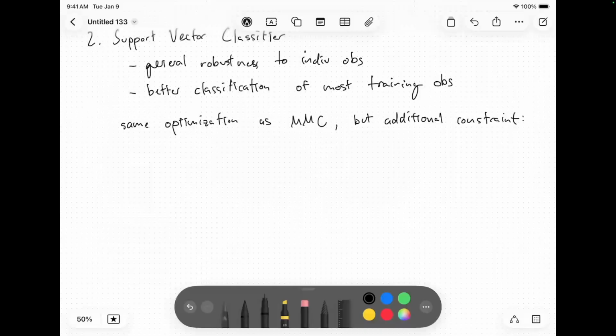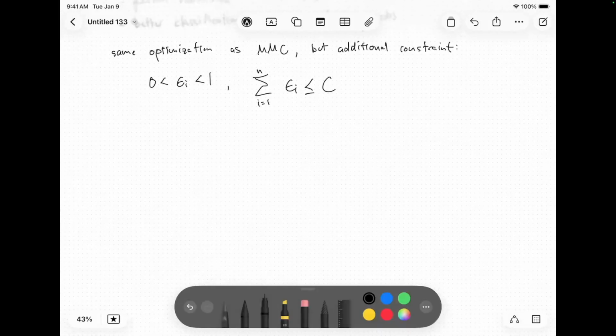So this will be 0 is less than epsilon I is less than 1. And we're going to have the sum of I equals 1 to n of epsilon I is less than or equal to C. Okay, I'm going to talk about what these are in just a second.